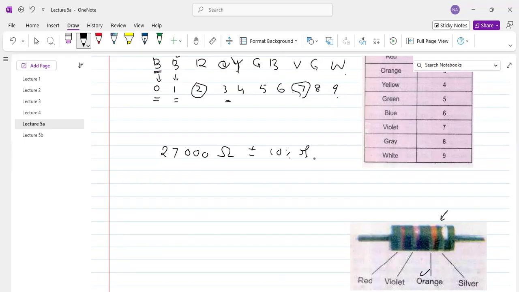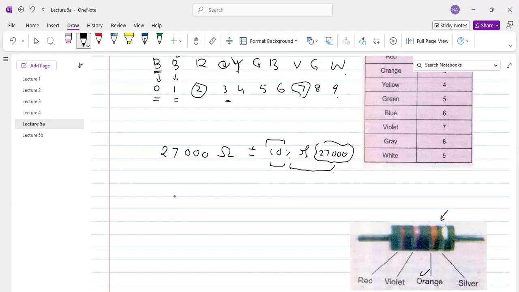This point must be kept in mind: how we calculate the tolerance, and what is meant by 10% tolerance. 10% tolerance means 10% of the calculated value.